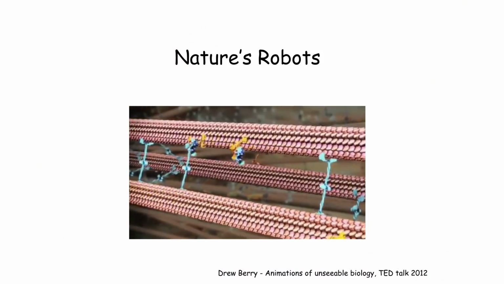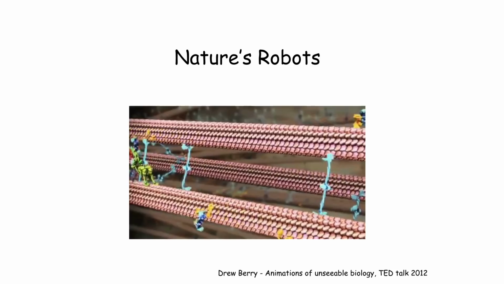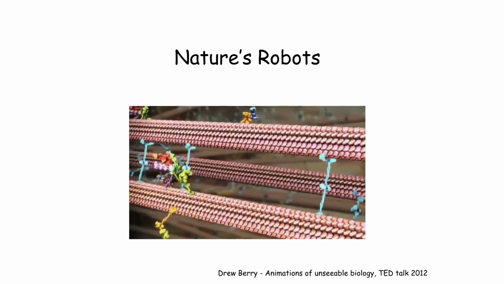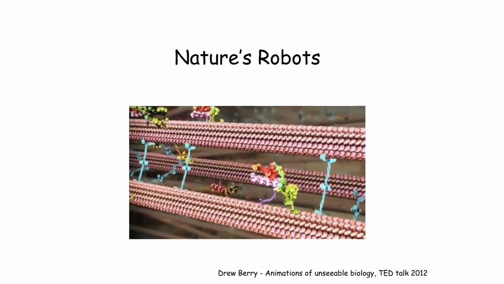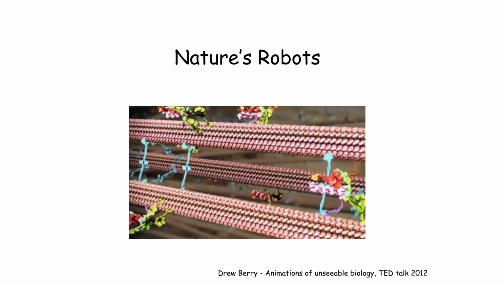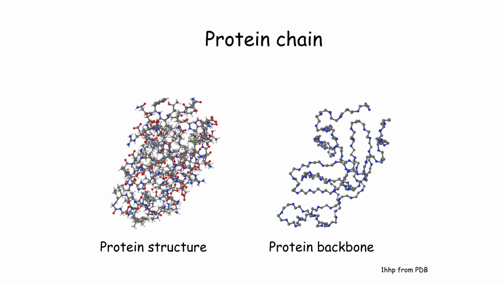Yeah, so this is an artist's rendering of what happens in the cell with dynein and kinesin, two of these molecular motors transporting cargo along the microtubules in the cell. Now, these molecules are made of proteins. And the connection with the chains that we've been talking about is that the backbone of a protein, which looks like this big blob, is in fact a polygonal chain living in 3D.